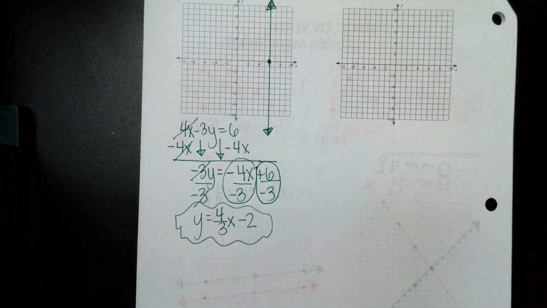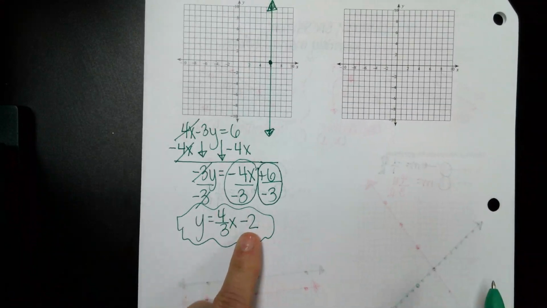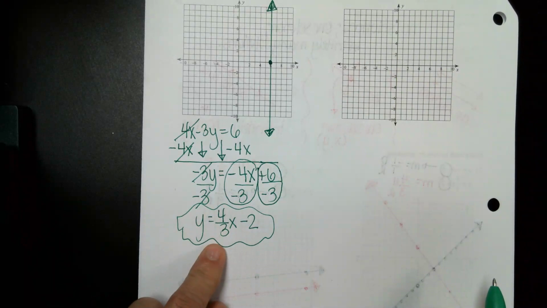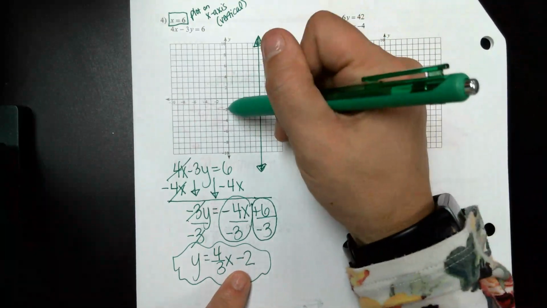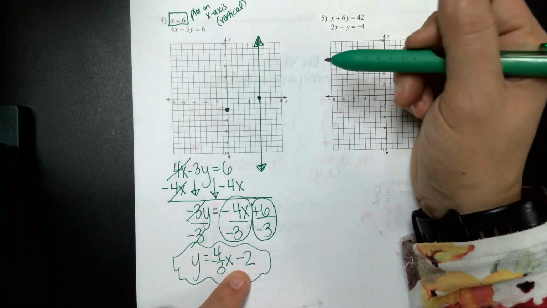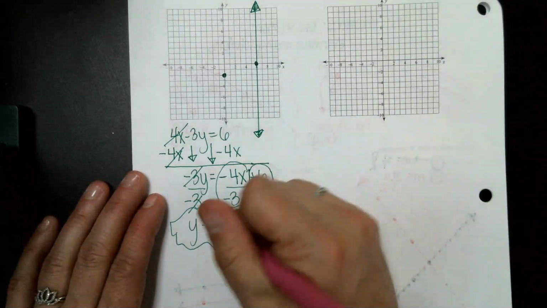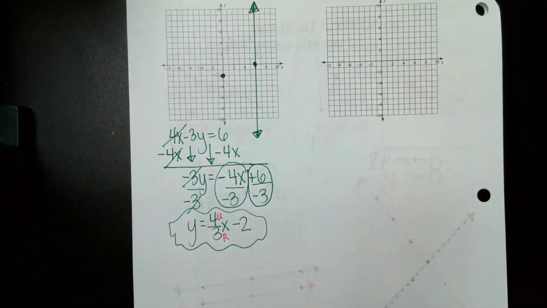Now that we have it in slope-intercept form, you plot the negative 2, and then you're going to go up 4, right 3. So put your first point at negative 2, and from there go up 4, right 3.